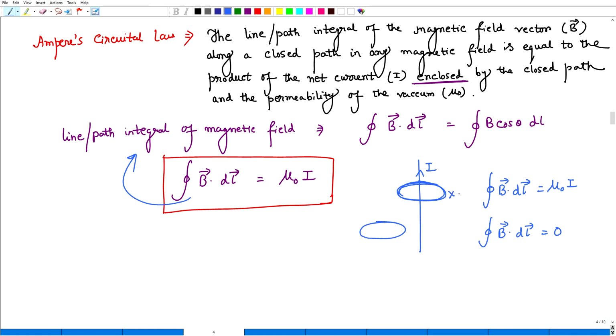Let us say this loop is x1 and this loop is x2, then for x1 it is mu naught I, for x2 it is 0. So this is the significance of the Ampere circuital law. Thank you.